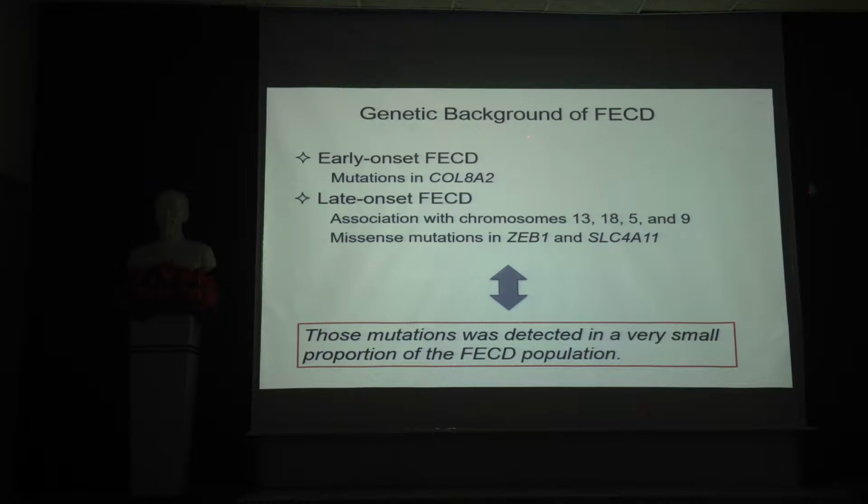This is from Johns Hopkins University, and late onset Fuchs endothelial dystrophy is linked with some chromosomes as well as CED1 and SLC4A11. You don't have to remember, but that will come later as well. Those mutations were detected in a very small proportion of the Fuchs endothelial corneal dystrophy population.